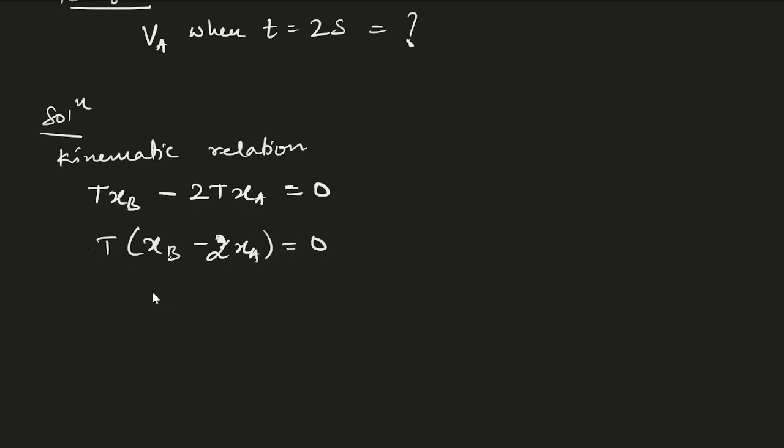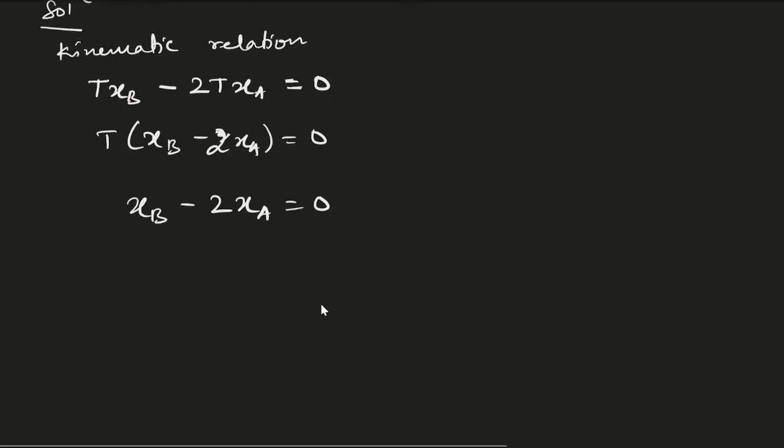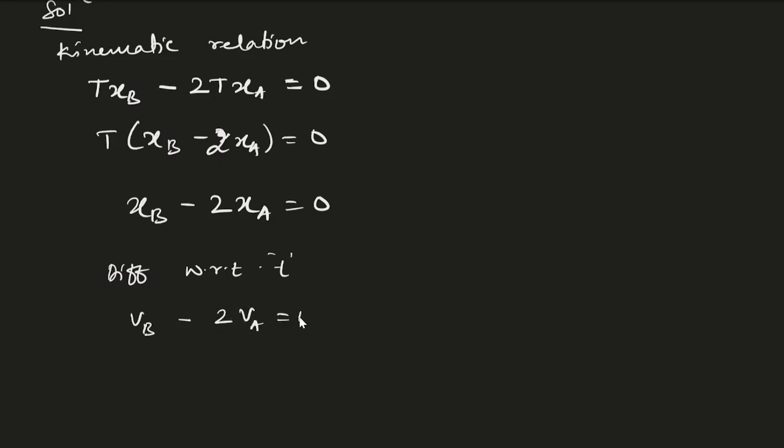So if you take the T to that side, we have XB minus 2 XA will be equal to 0, right? So from this equation we are going to differentiate with respect to t. Differentiating with respect to t, we get velocity, that is Vb minus 2Va will be equal to 0.